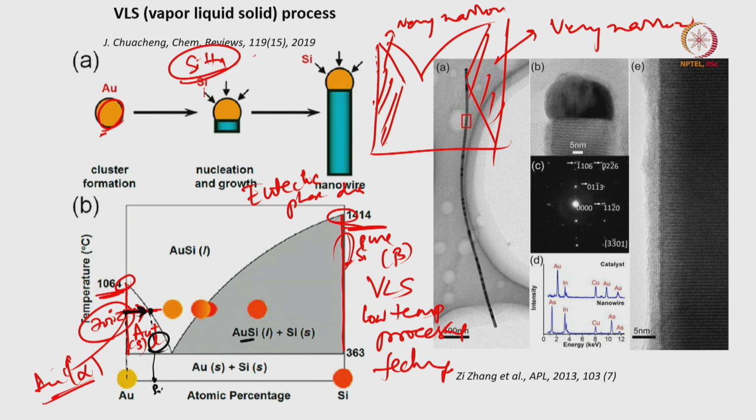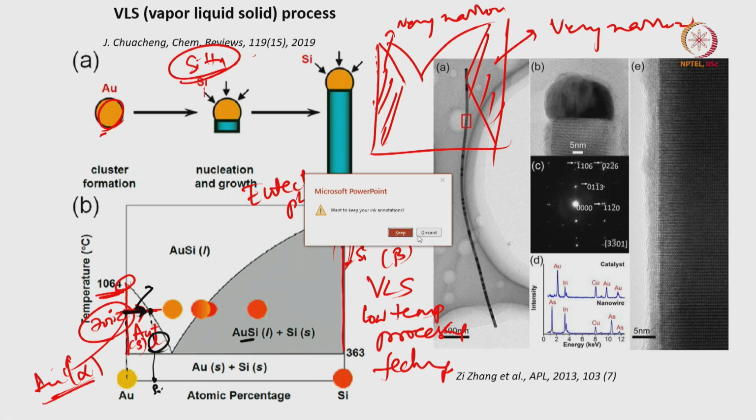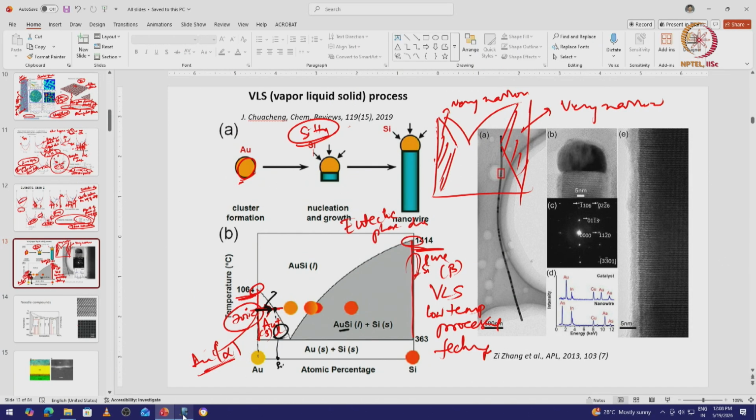So this is the liquidus, this is the solidus, right. But by going in this direction I am increasing the percentage of gold silicide alloy, gold silicide liquid, right. That you can get from the lever rule, right.